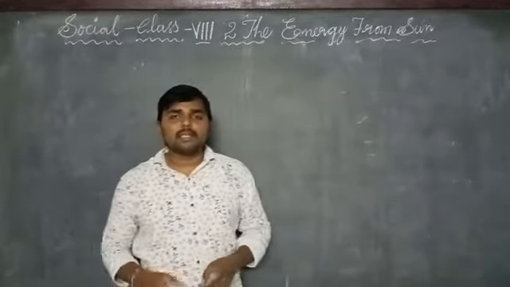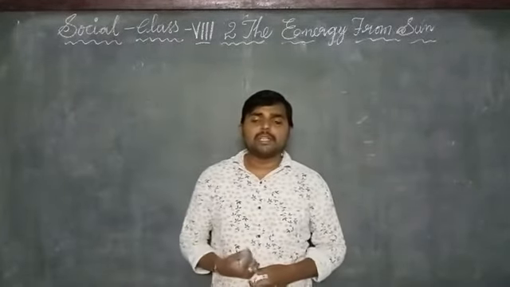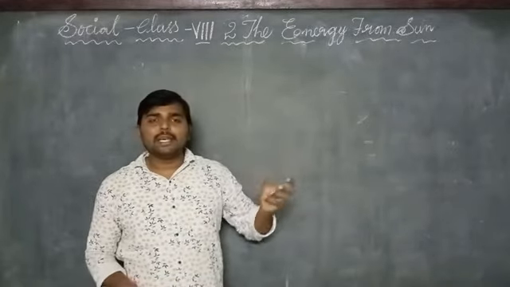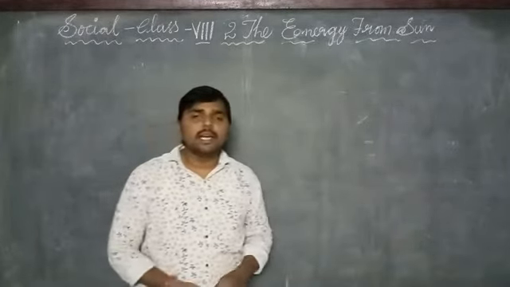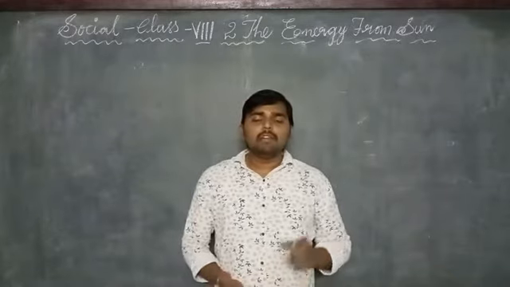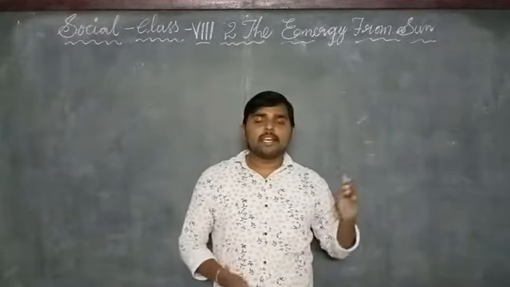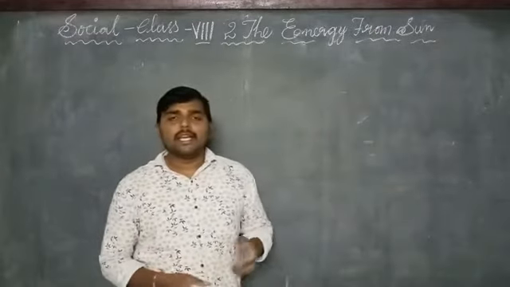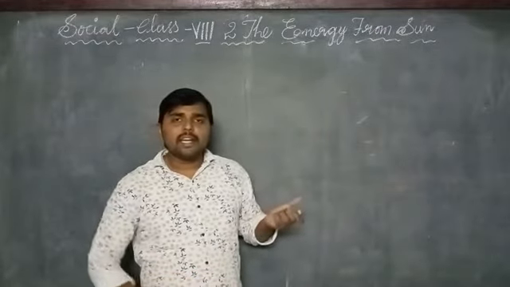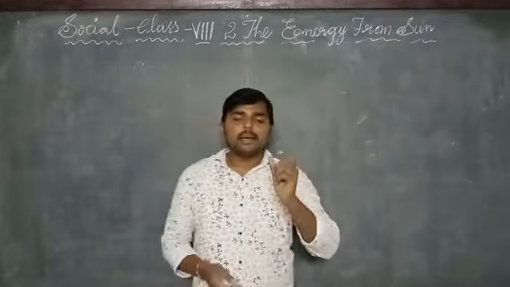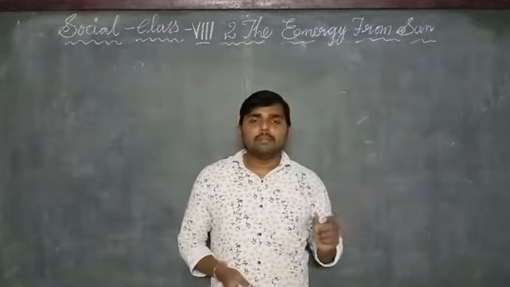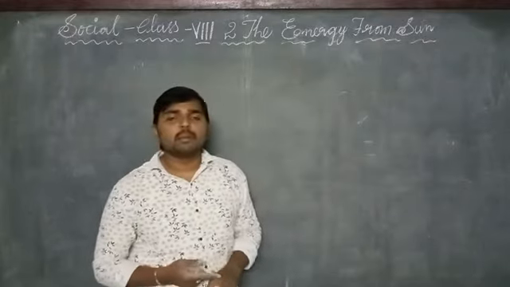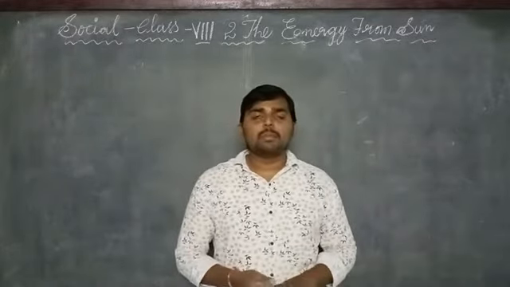Whenever the sun rays are reflected from the surface of the earth, some sun rays are prevented by the gases present in the atmosphere. When the sun rays are reflected from the earth's surface during the daytime, the reflected sun rays are held by gases like carbon dioxide and carbon monoxide present in the atmosphere.